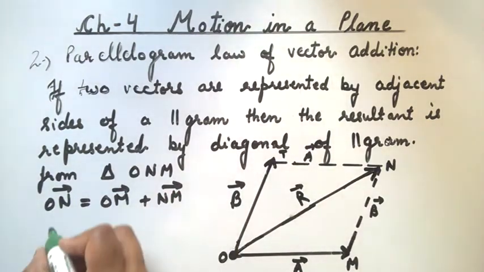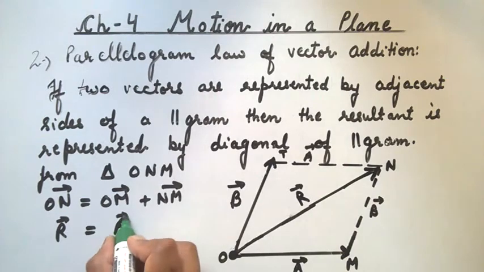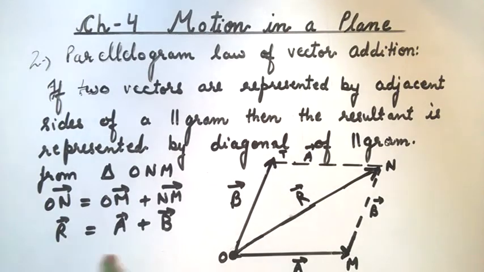That is, ON is R vector, OM is A vector plus B vector. That is, the resultant is equal to the sum of the two vectors. We can find its magnitude and direction by the analytical method.